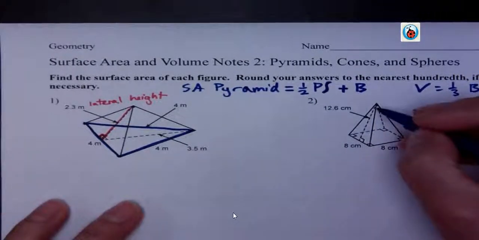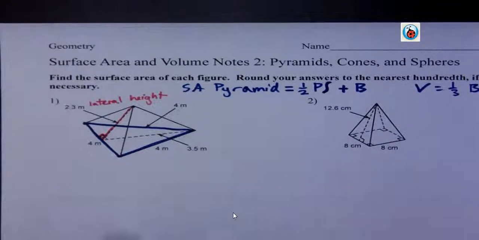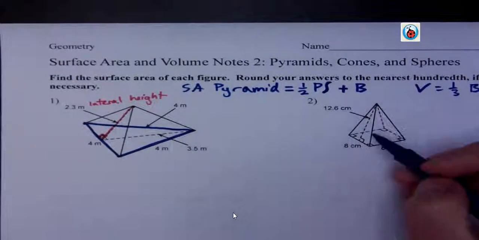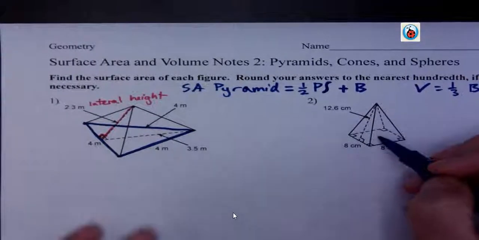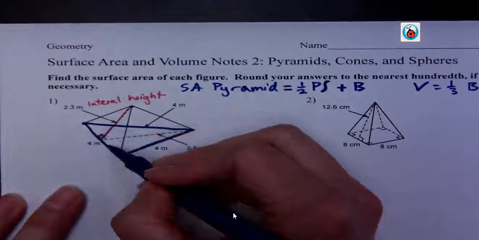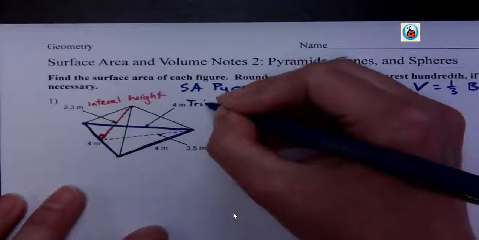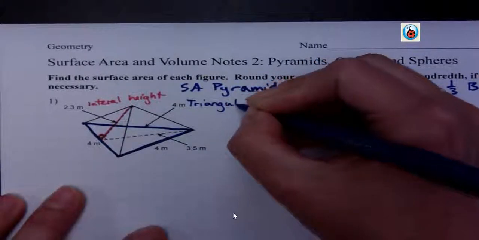And height means the straight up and down height. So we're going to be doing volume on the next page because these figures did not give us the straight up and down height. So for this first shape, I looked down at the bottom, I traced it out, it's a triangle. So this is a triangular prism.